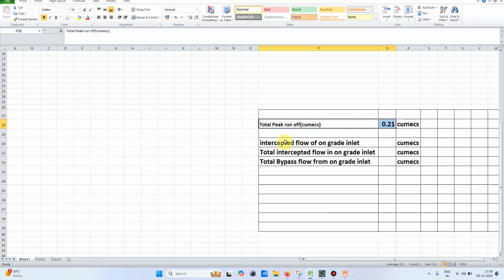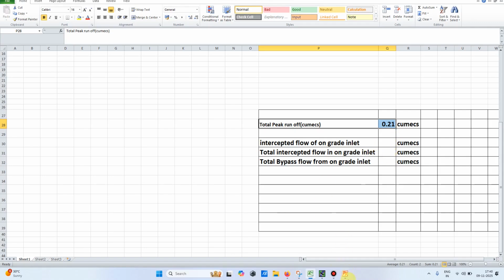I will calculate how much flow is captured by one on grade inlet, and multiply by 2 because we have two on grade inlets with similar road geometry and elevation. So the total on grade flow is the sum of these two on grade inlets, the total intercepted flow.